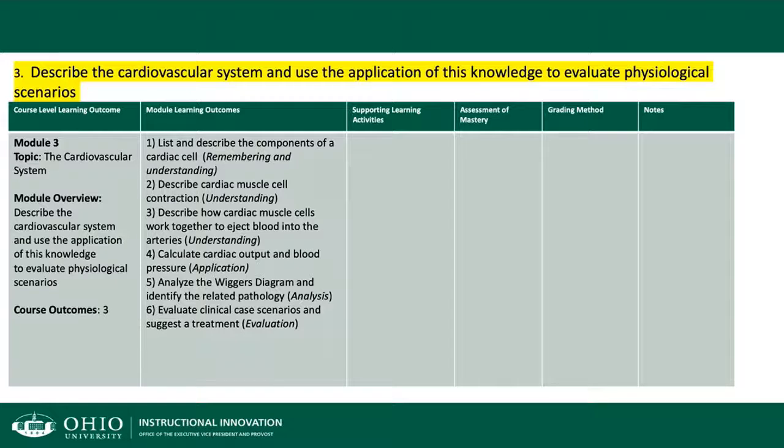So I've broken it down here, beginning at low-level information, where the students are asked to be able to list and describe components, and then I work my way throughout the module, increasing the level of knowledge with each of these module learning outcomes, building on the ones that come before, and eventually I ask the students to evaluate clinical case scenarios and suggest a treatment.